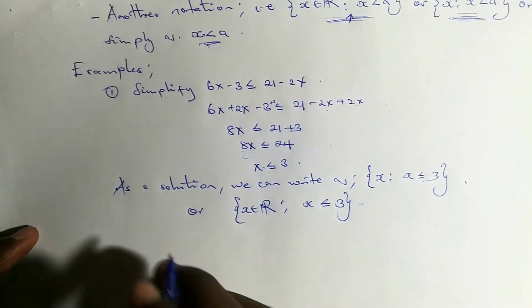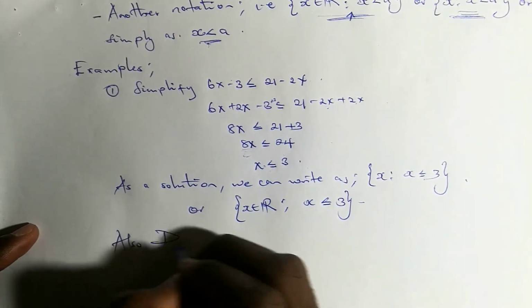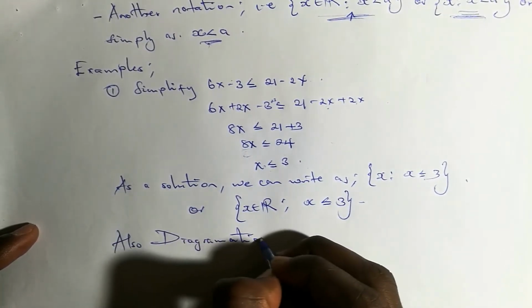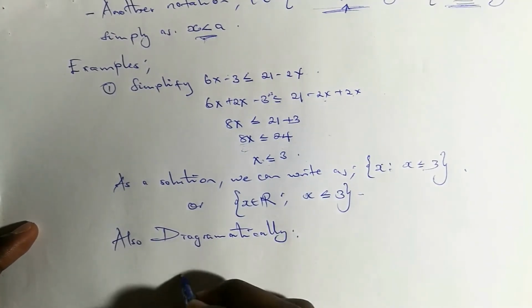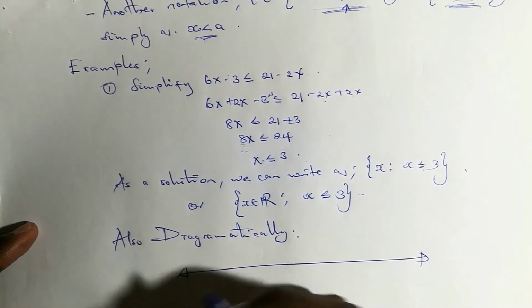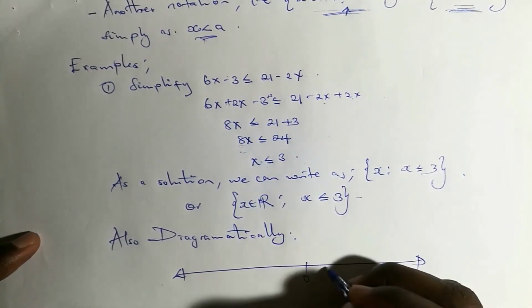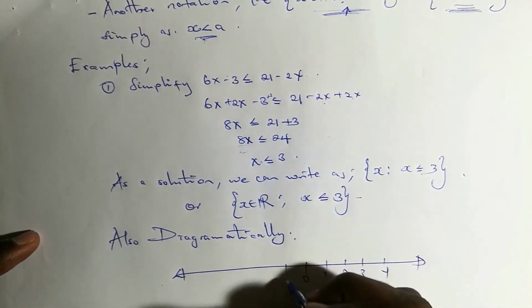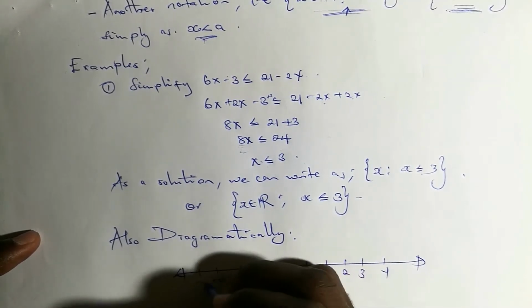And diagrammatically, that means using our number line, you can express the solution set on a number line. We have 3, so 0, 1, 2, 3, 4, 5.